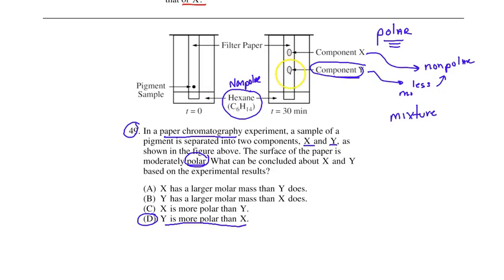Again, because it moved the least amount on the paper, which means it preferred the polar, which means it had more polar characteristics. And X moved more with the nonpolar solvent, which is called the mobile phase, and therefore it preferred, given the choice, to go more so with the nonpolar solvent, which tells me that component X was a little more nonpolar.